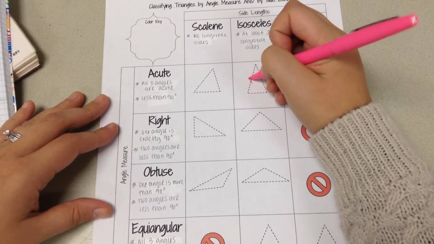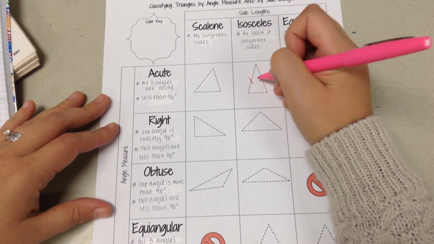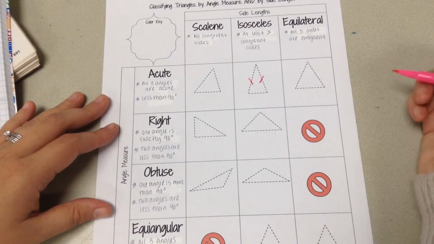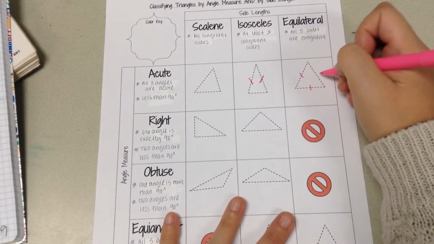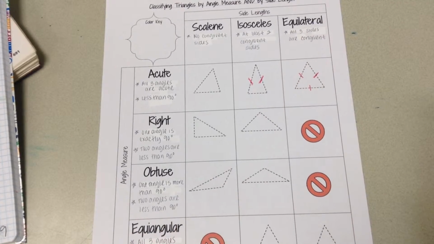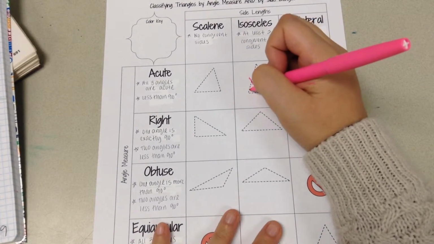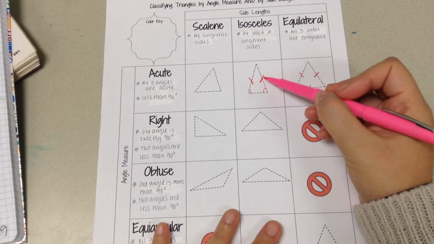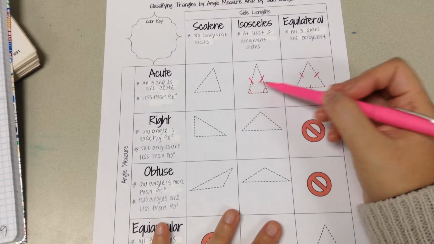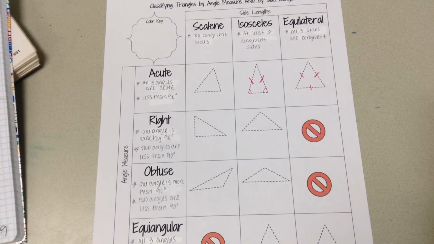It's going to have a little line that goes like this. So these 2 are congruent. These 3 are congruent. And these are congruent. So 2 sides and 2 angles are congruent.